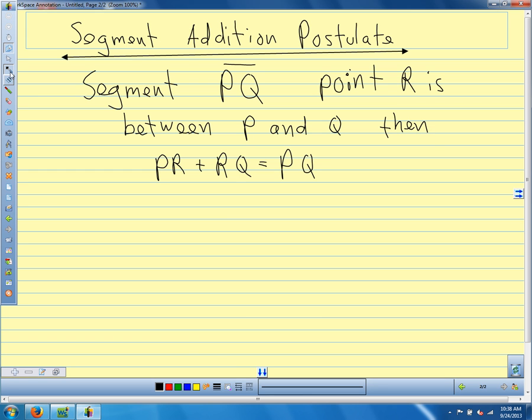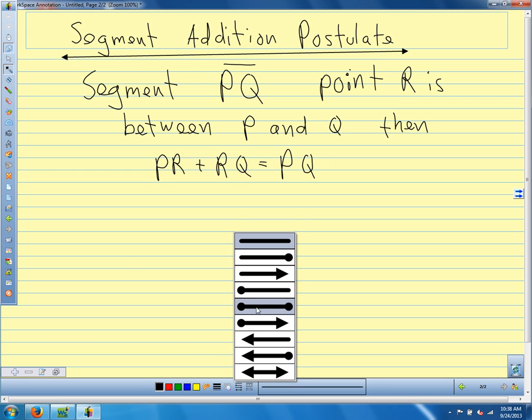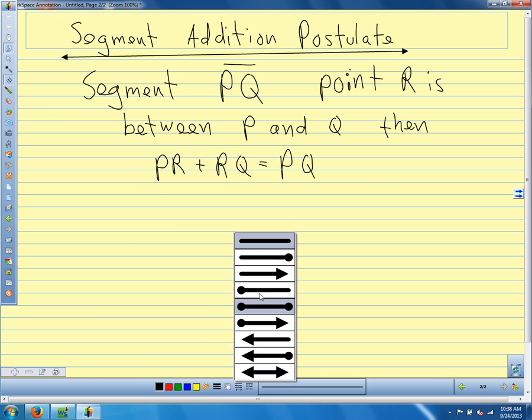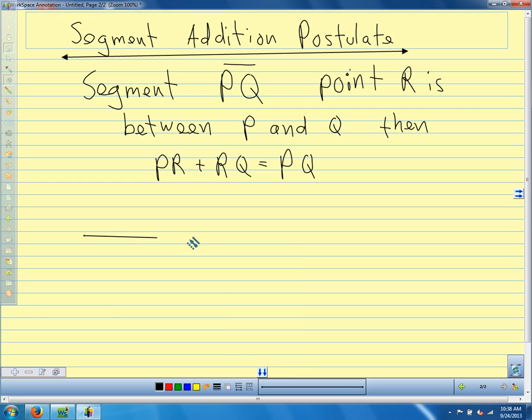So here's our picture. Let's draw a segment. Here's my segment. I'll make these points bigger. Here's segment PQ.